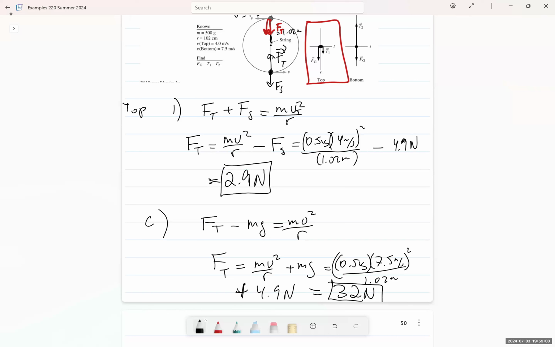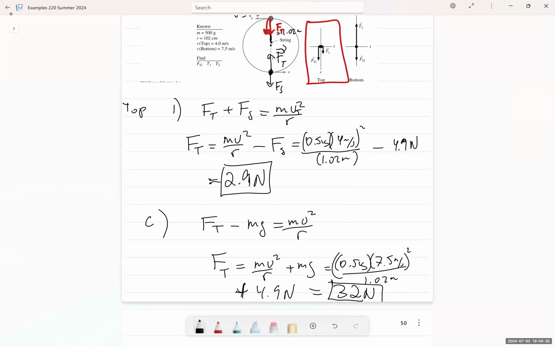You can even have a case where the tension is zero, at the instant there's barely any tension, but you have enough speed that gravity is able to successfully bring you down.